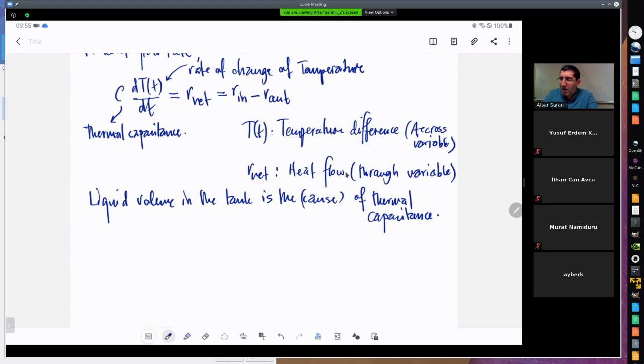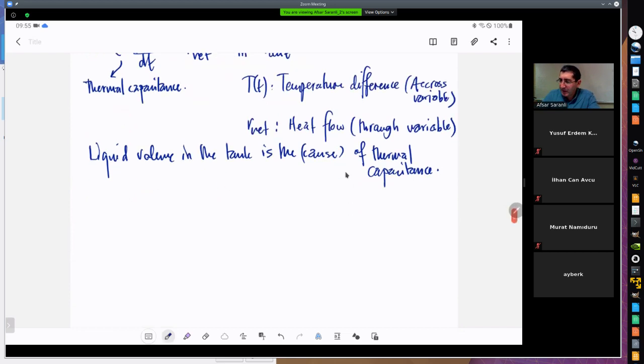Obviously, how much thermal capacitance we have is related to more basic quantities like the liquid's volume, the liquid's capability to store heat, depending on its material, like is it water or some other fluid, as well as its density. Now I'm going to try to write down our equation here.